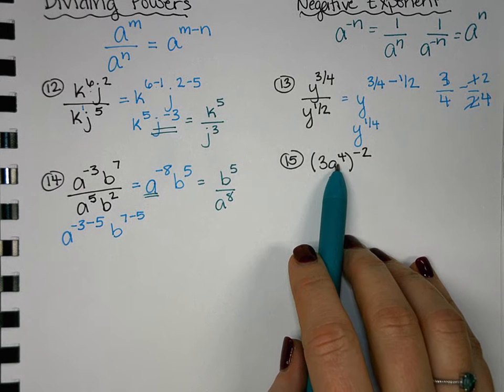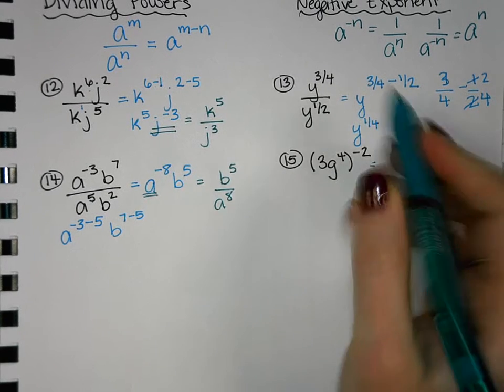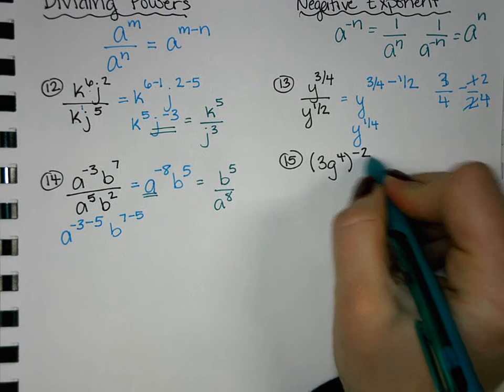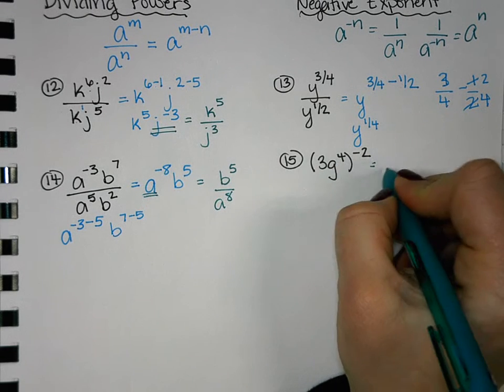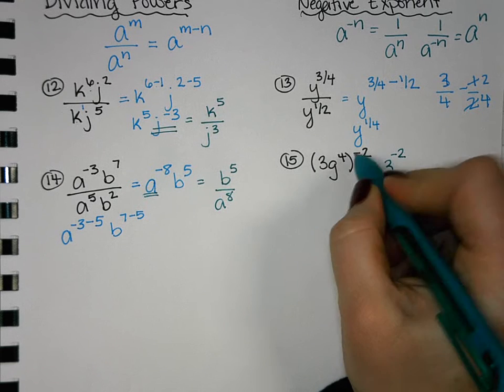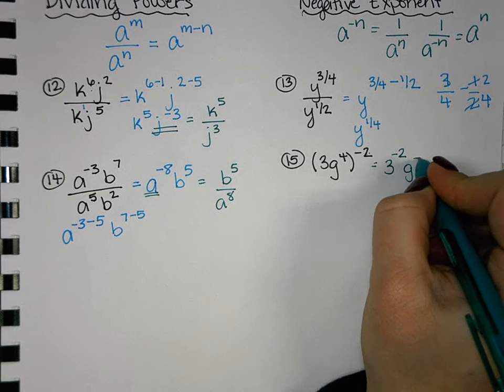So there's a couple ways you can go about this. We can do our power of a product property and put that negative 2 to everything inside. So we'll get 3 to the negative 2, and here we'll have a power to a power, so it'll become g to the negative 8.